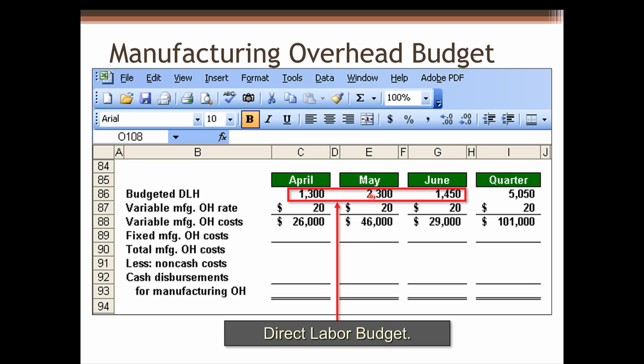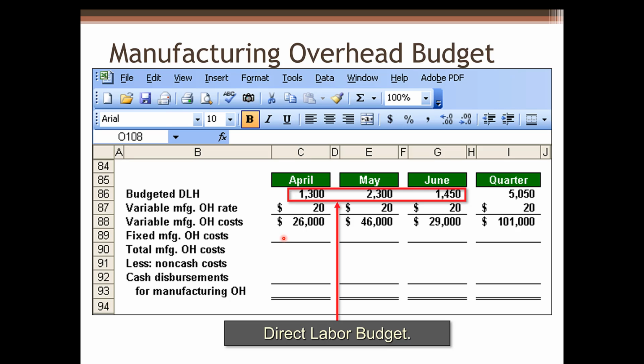We are not using the direct labor hours paid because for April and June, required direct labor hours are less than guaranteed labor hours. So budgeted direct labor hours total for the quarter is 5,050 hours. For each month, we use budgeted direct labor hours multiplied by the $20 variable manufacturing overhead rate, and then we can get variable MO costs for each month and for the quarter.